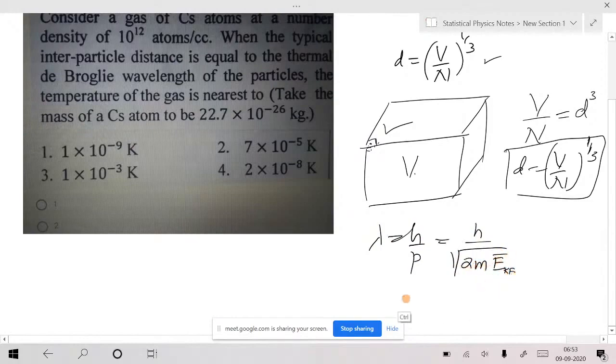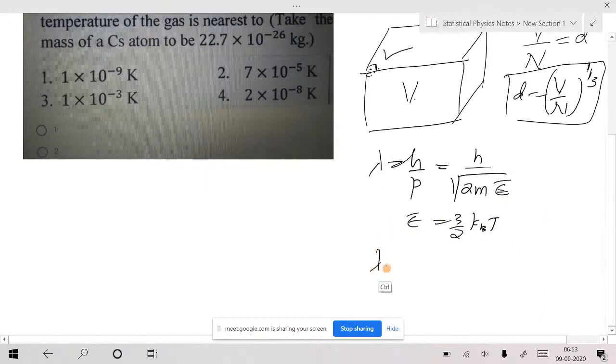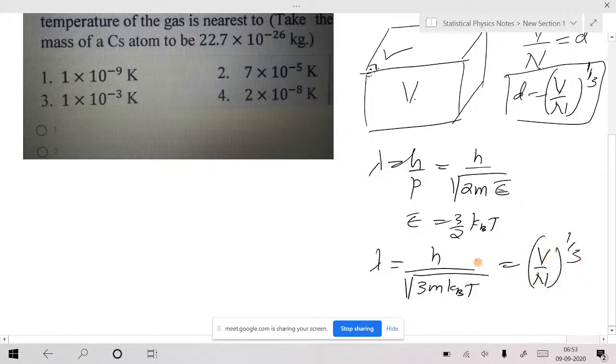Now the average kinetic energy for a particle, I better write it as small e bar, is equal to 3 by 2 kBT. This formula itself is called the thermal de Broglie wavelength, h by root of 3m kBT. Now you have to equate this to V by n raised to 1 by 3, and then you have to find everything.